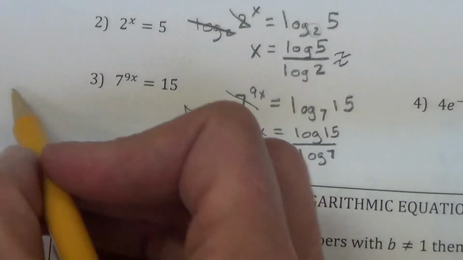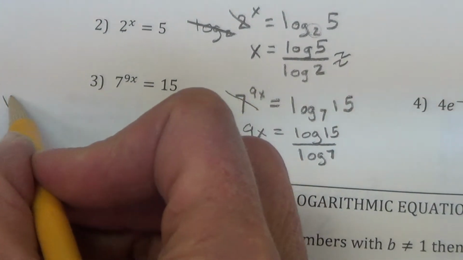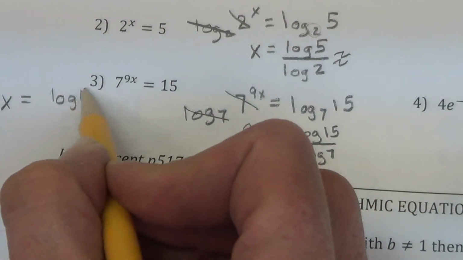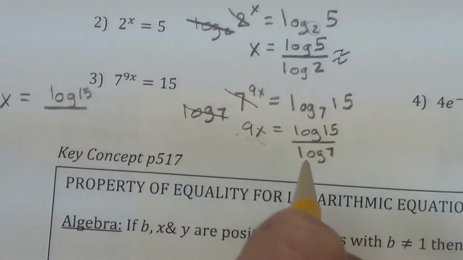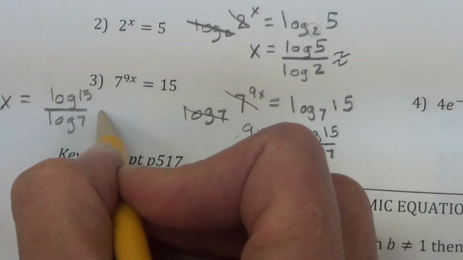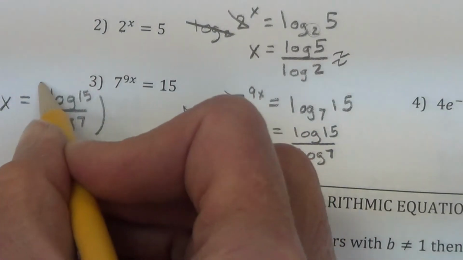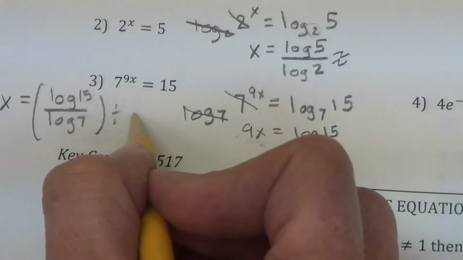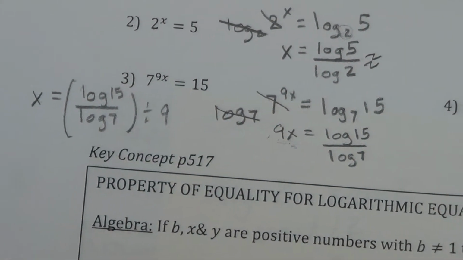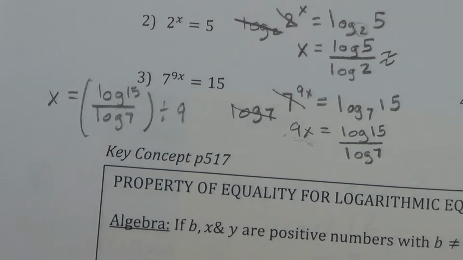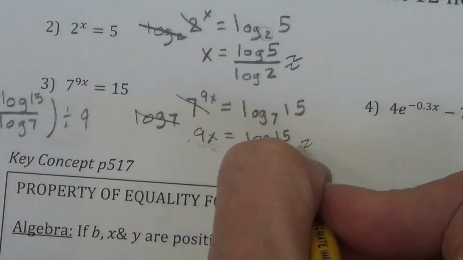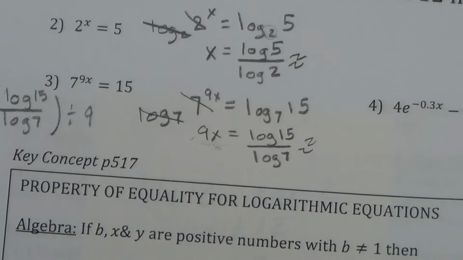So we have x would equal log 15 over log 7 divided by 9. So you're going to divide each side by 9. So that's what your final equation would be. Get an approximation when you get into class from the calculator. Okay.